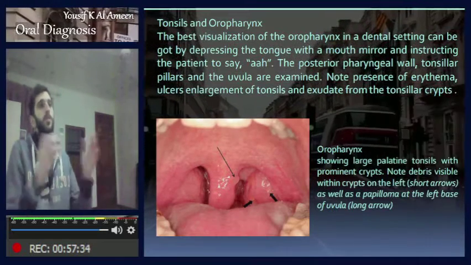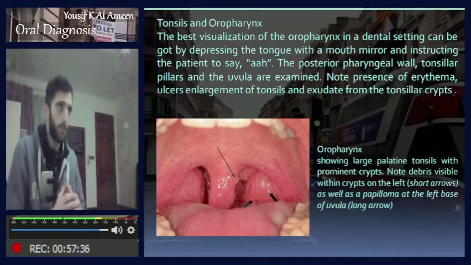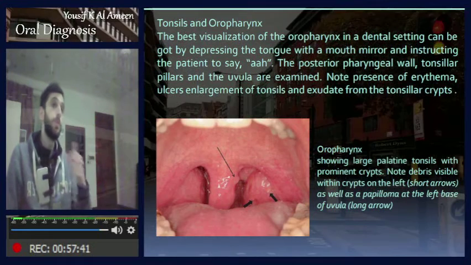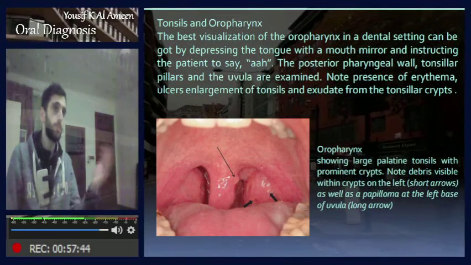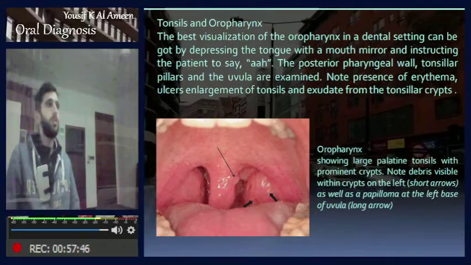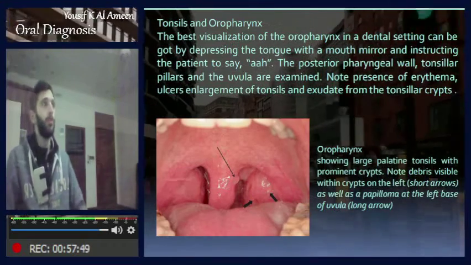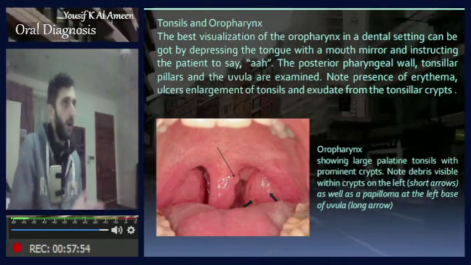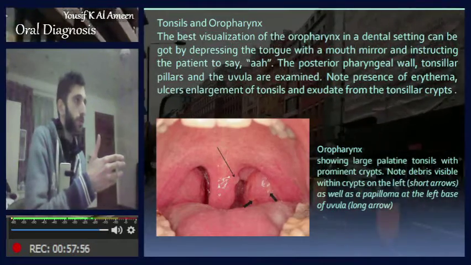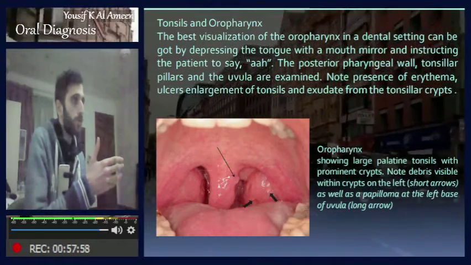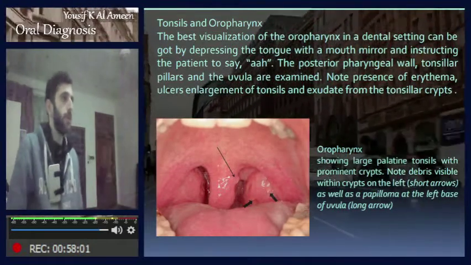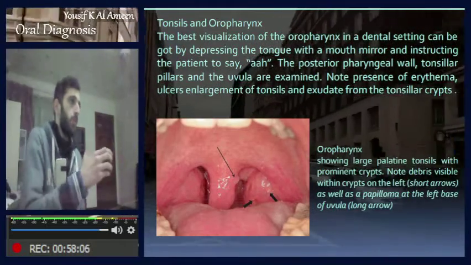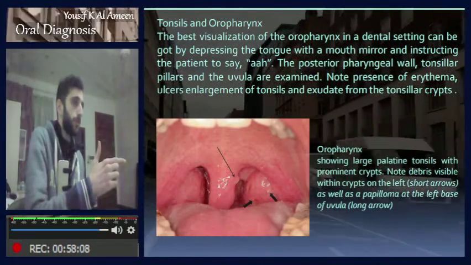Note the presence of erythema, ulcers in the tonsils, erythema, ulcer, and exudates from the tonsillar crypt. Oropharynx showing large palatine tonsils with prominent crypts.